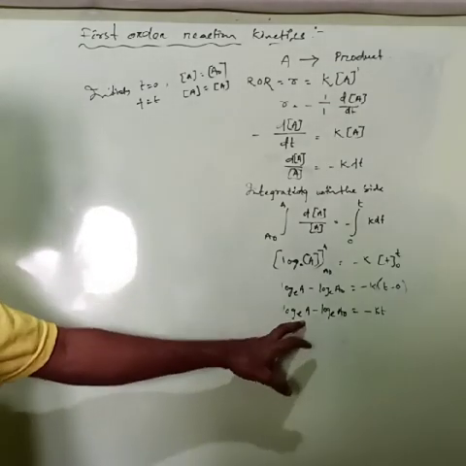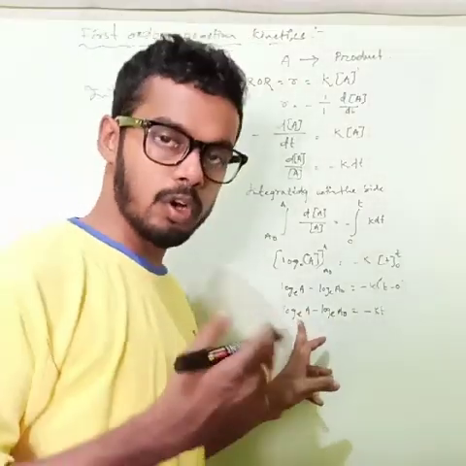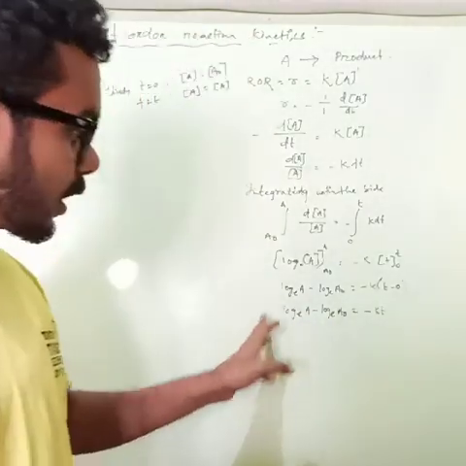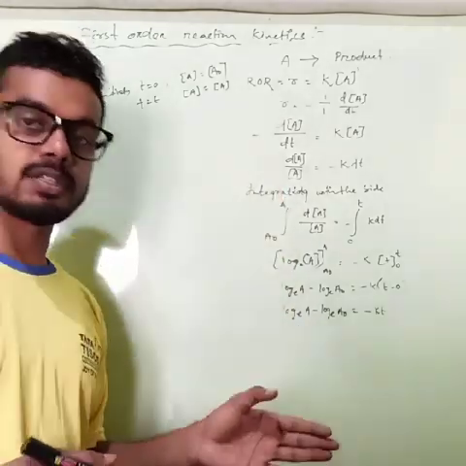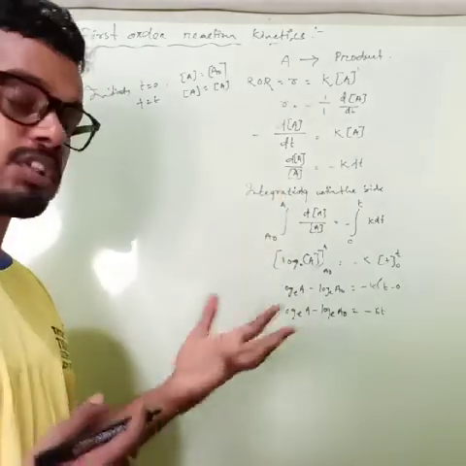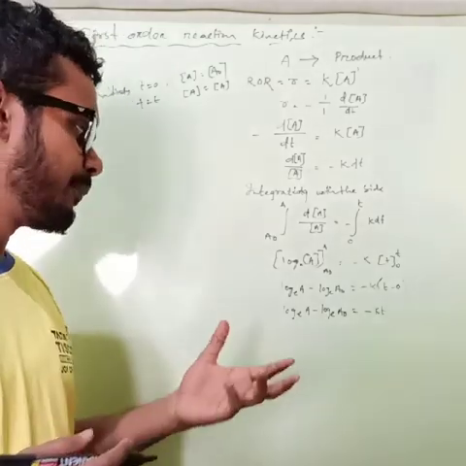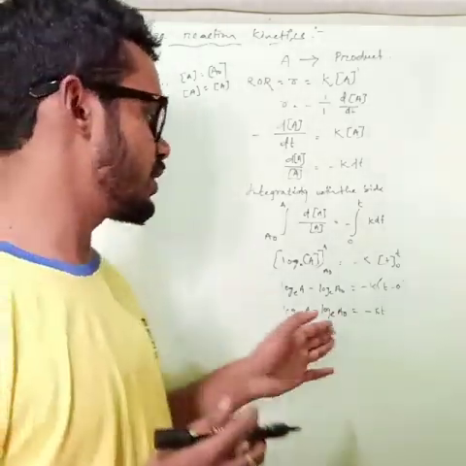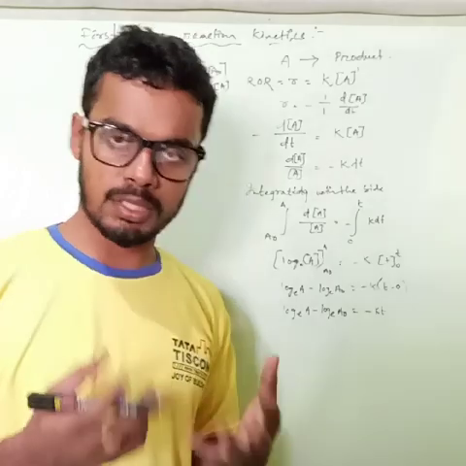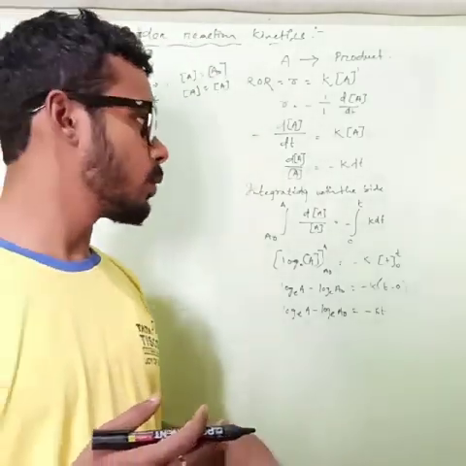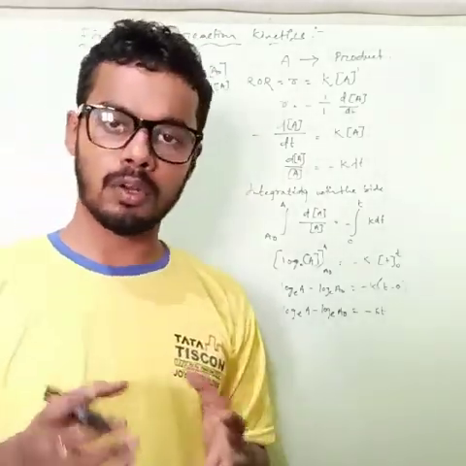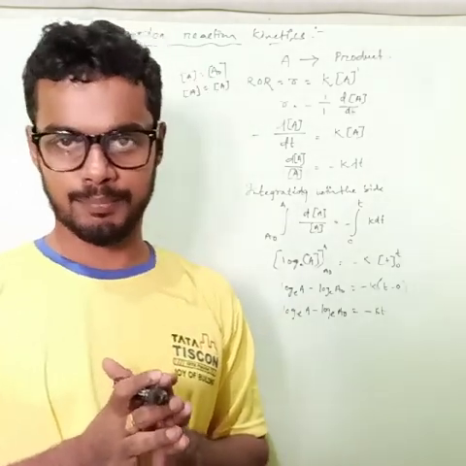Basically we are writing in terms of log base 10. So if you convert this log e to log base 10, we need 2.303. It's a standard conversion factor. We need to convert this into log base 10, because all the problems we are solving are in terms of log base 10 only.